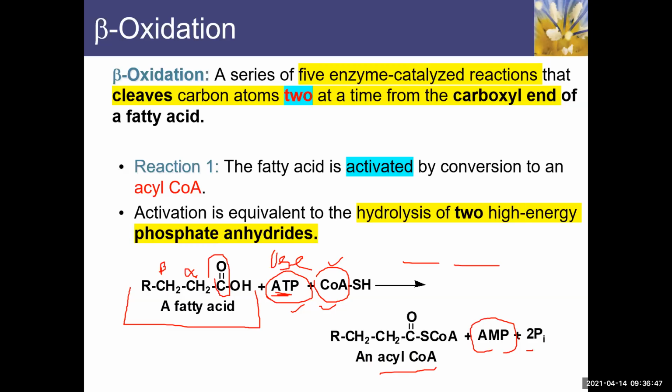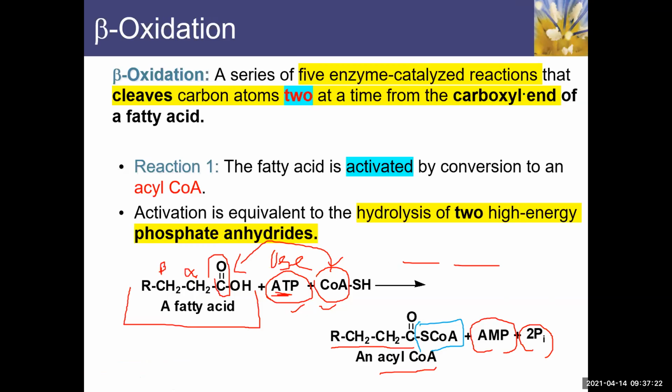Along with that, we also release some amount of AMP and phosphate. So what did we do here? By using that energy, we linked this coenzyme to this fatty acid. Look at this. This is my fatty acid, and this is my coenzyme. I've linked my coenzyme to my fatty acid, and I got acyl CoA.